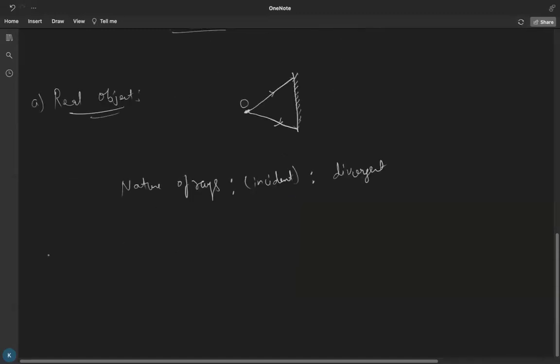Now, the second type of object is the virtual object, in which the incident rays of light have a virtual intersecting point.